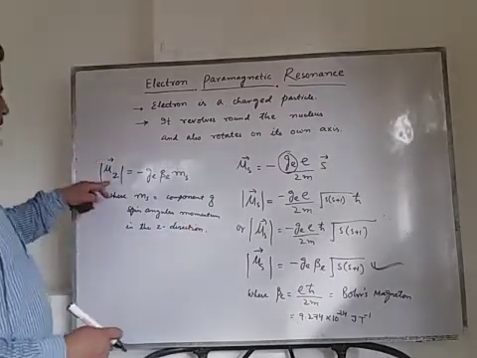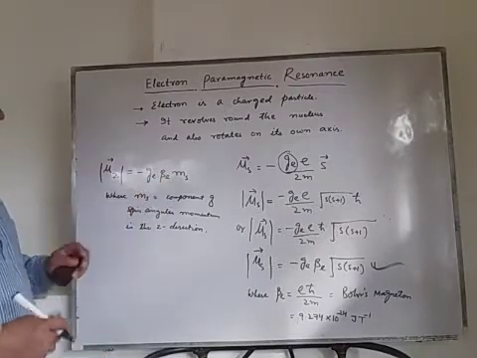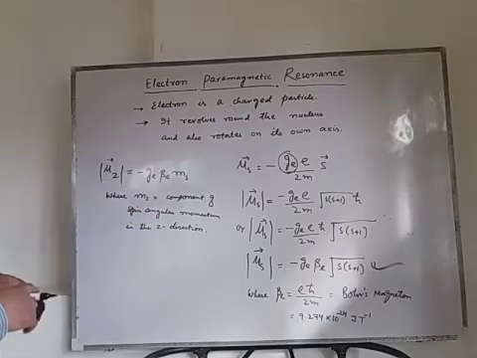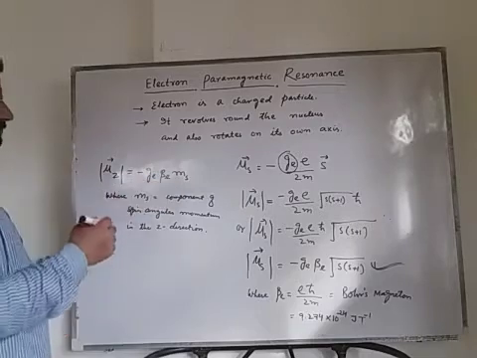Because we are calculating the spin magnetic moment in the z direction, we have to take into consideration the angular momentum in the same direction. So it will come into this form.